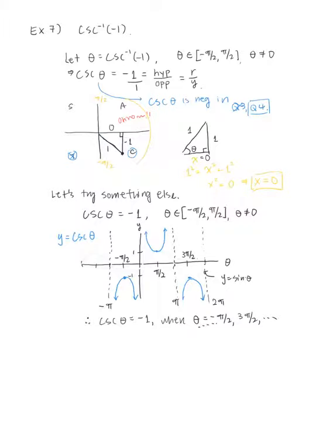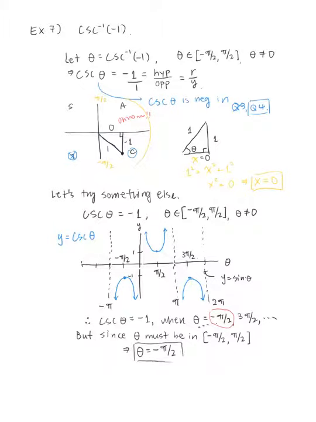But theta must be where? Since theta must be between -pi/2 and pi/2, can you see what our answer is going to be? Yes, it's going to be theta equals -pi/2. So we just chose this one because theta must be between -pi/2 and pi/2.